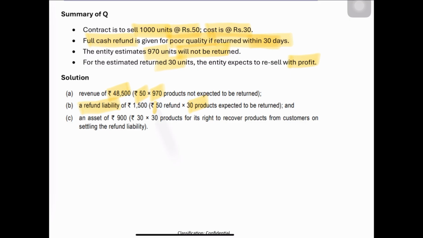So 30 into 50, 1,500 rupees, a refund liability needs to be created. And for those 30 units, you can create an asset or inventory because that's the inventory held on consignment basis. So still it's your paid inventory. So this 900 can be recognized as an asset.